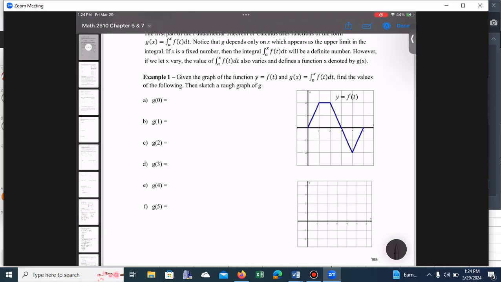So when we look at g of 0, we're looking at the integral from 0 to 0 of f of t dt. And from 0 to 0, looking at just that one point, the area there is equal to 0.